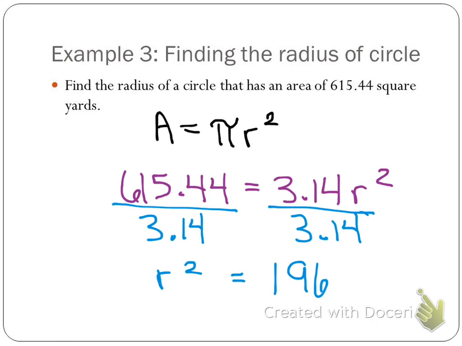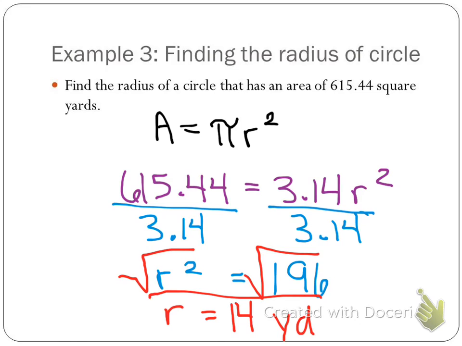Now how do you solve for r? Take the square root of both sides. And the radius is 14 yards. Now, it's 14 yards, not yards squared, because I'm finding the radius, I'm not finding the area.